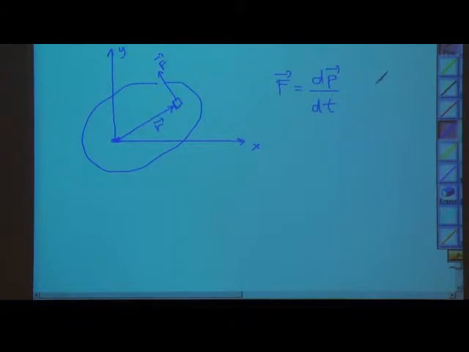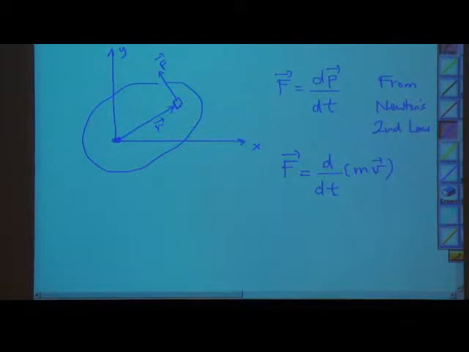You already know this very well, which can be rewritten as simply mass times the velocity of the object.